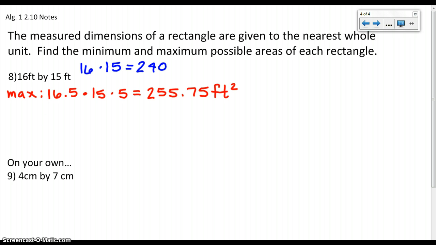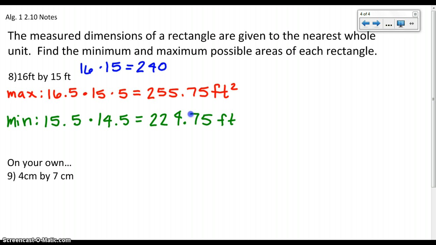So for number 8 minimum, the minimum number that could have been rounded to 16 would be 15.5, times the smallest number for 15, which would be 14.5, and that equals 224.75, and our units is feet squared.